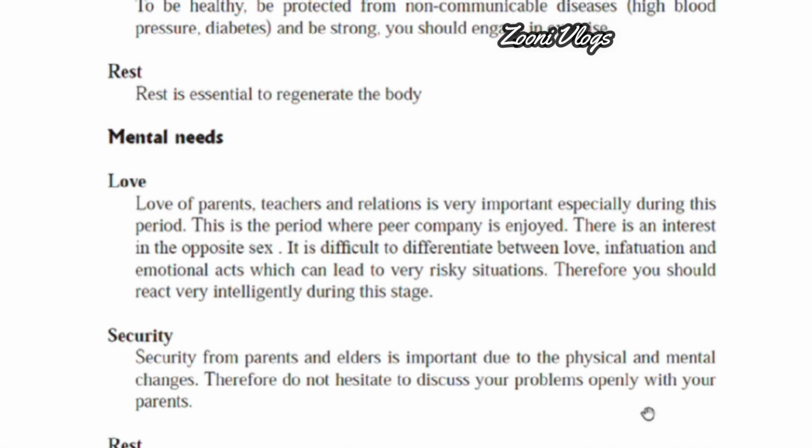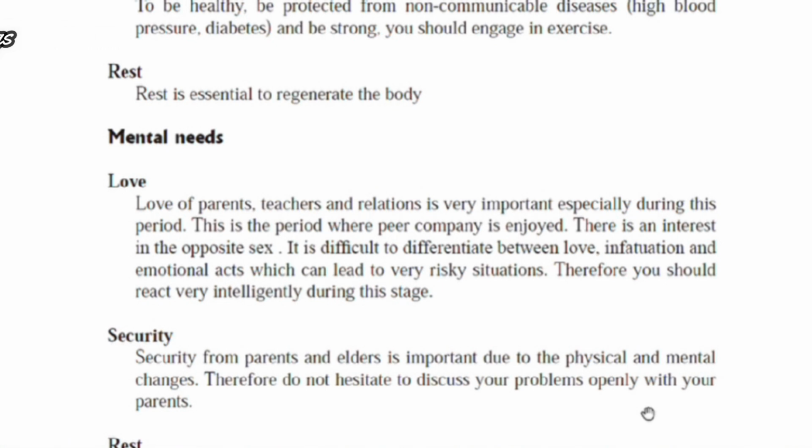Security from parents and elders is important due to physical and mental changes. Therefore, do not hesitate to discuss your problems openly with your parents. Parents should be friends. Then only you can solve your problems. If you talk about your problems with them, you may feel very relaxed in your mind.